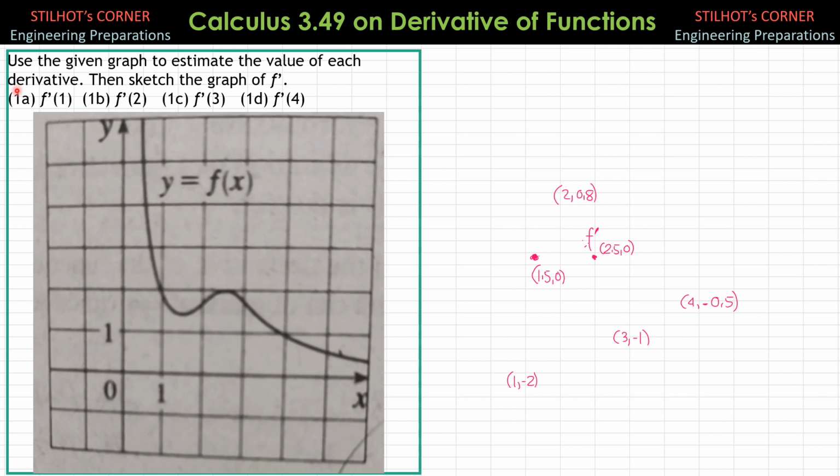So that means f prime at 1, we have to draw tangent to this curve at 1, then estimate the slope. It is negative, it is sloping up to the left as shown.